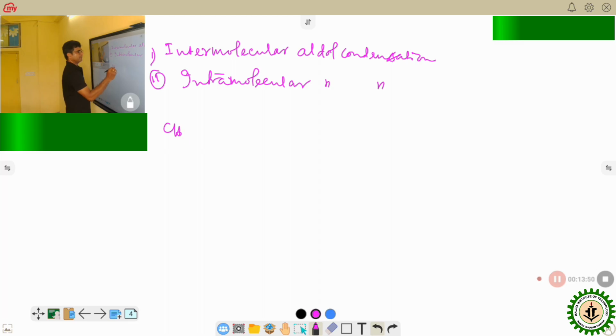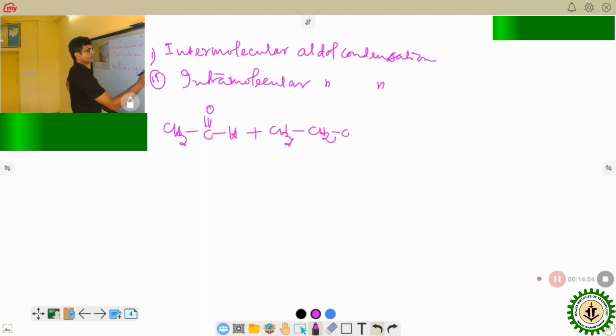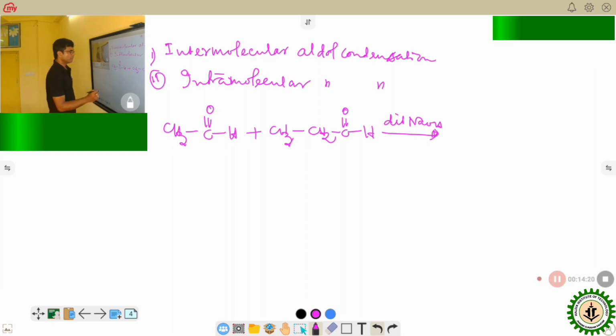when two different aldehydes are taken as substrate, and when treated with dilute alkali, we can have four different products.